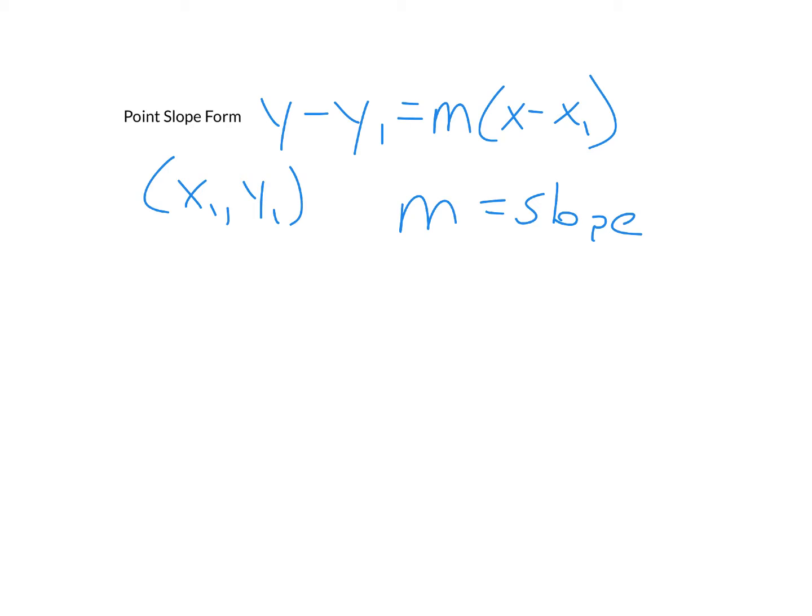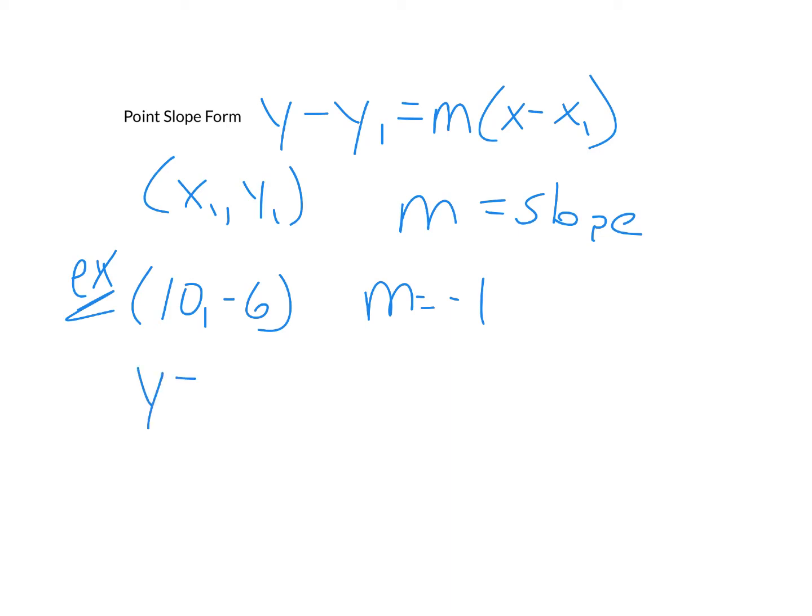Let's do an example. Let's say I got 10, negative 6, and I'll give you a slope of negative 1. I want you to find the slope-intercept form given this information.